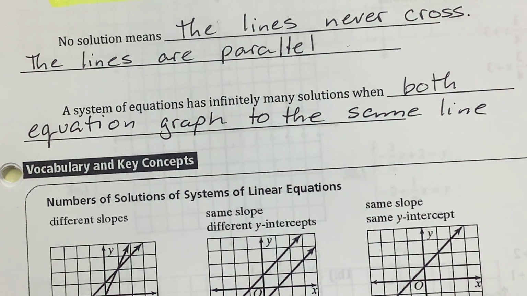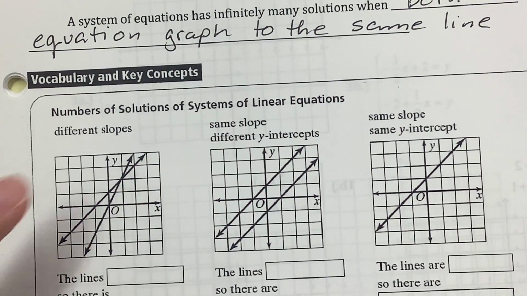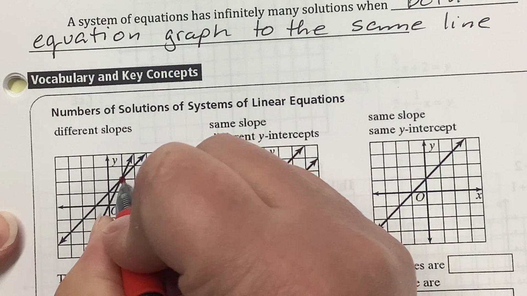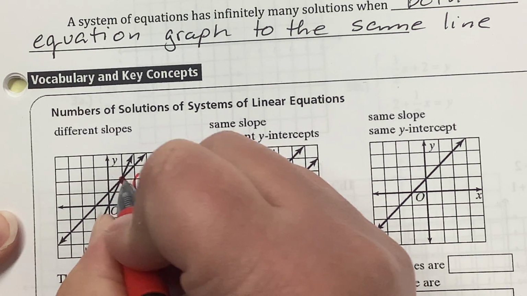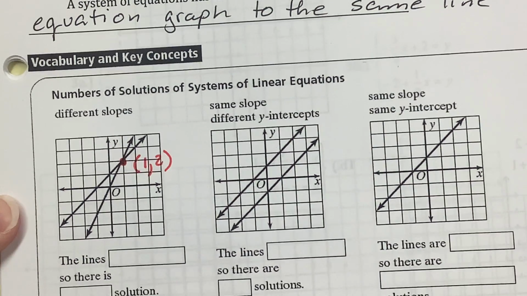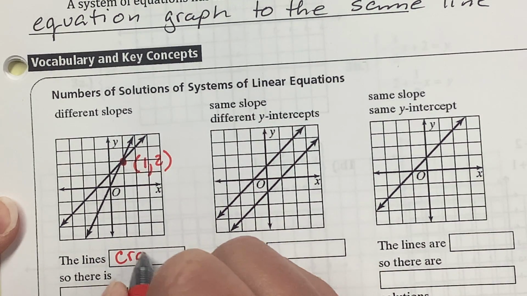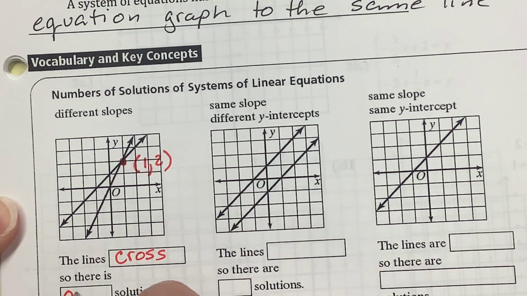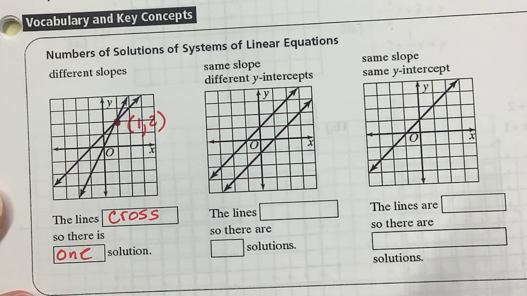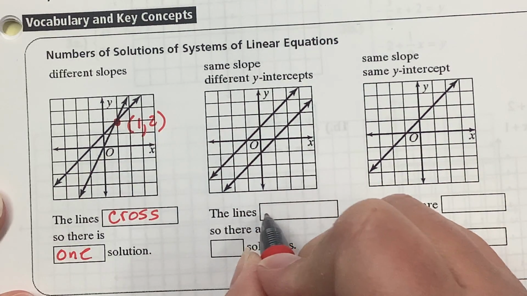All right, so let's take a look at my examples down here. Right here, you can see the lines cross, so there is one solution. Right here, where these lines cross, the coordinate for that, which is 1, 2, that's the solution to the system. The lines cross, so there is one solution. Now these lines, the lines are parallel.